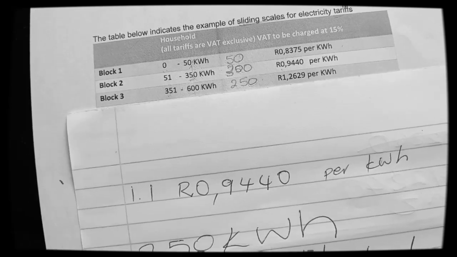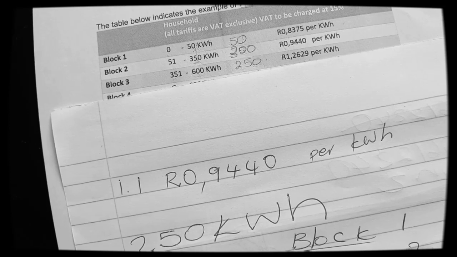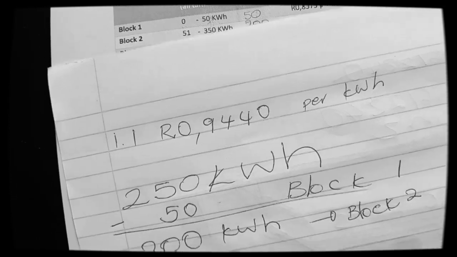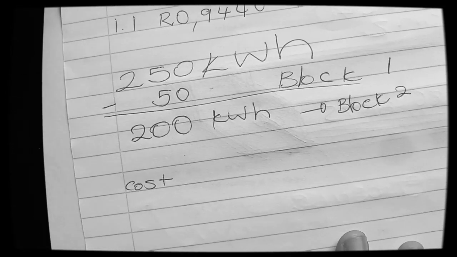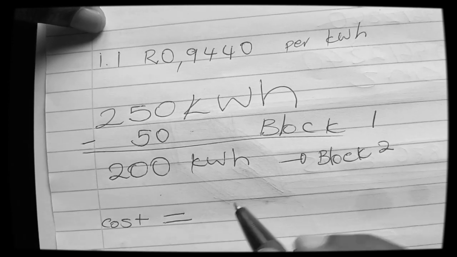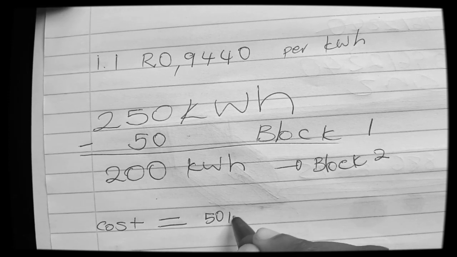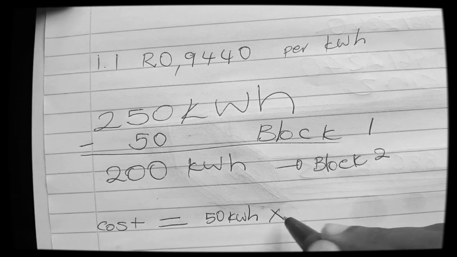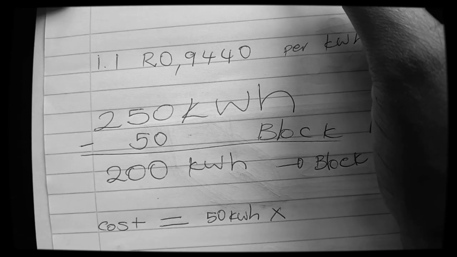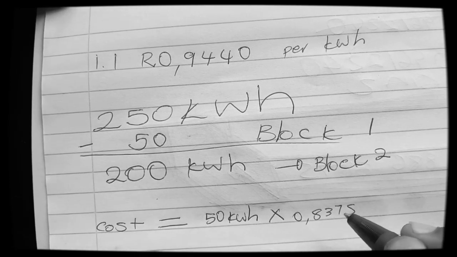Then now you can do your calculations by saying the cost is equal to, in block 1 there are 50 kilowatts per hour multiplied by the charge there, which is 0.8375, right?